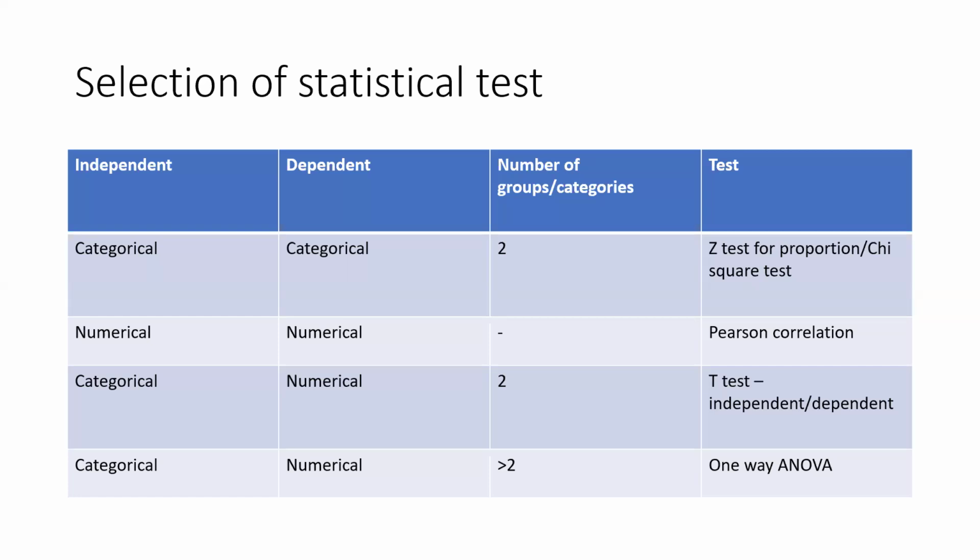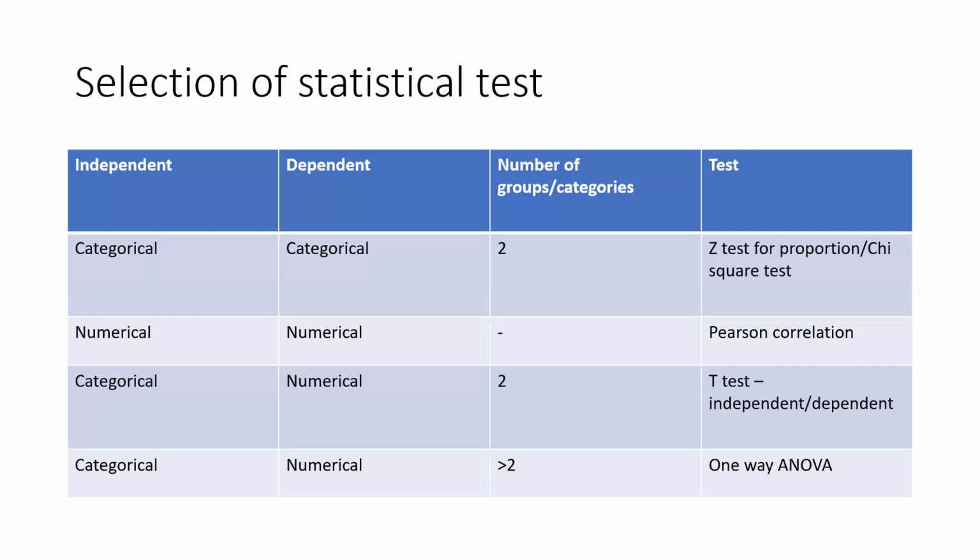If both are categorical with two categories, you can use the chi-square test. For numerical and numerical, Pearson correlation. Categorical and numerical with two categories, t-test. If the two categories are paired, or the same group is measured in two instances, it will be the dependent t-test. If they are entirely different categories, it will be the independent t-test.